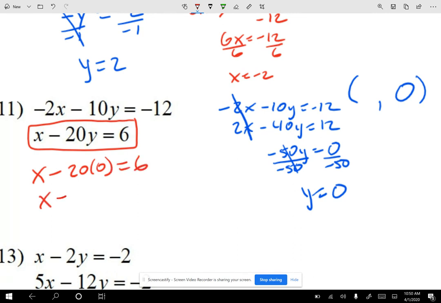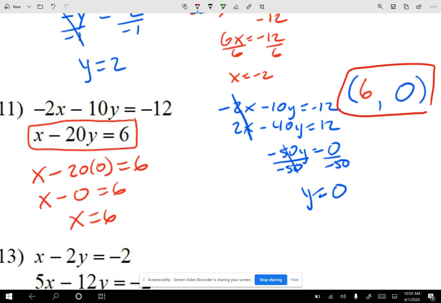So I have x minus 0, because 20 times 0 is 0, is equal to 6. x minus 0 can just be simplified as x is equal to 6. Okay, so I have the value of x now. So my answer is 6, 0.